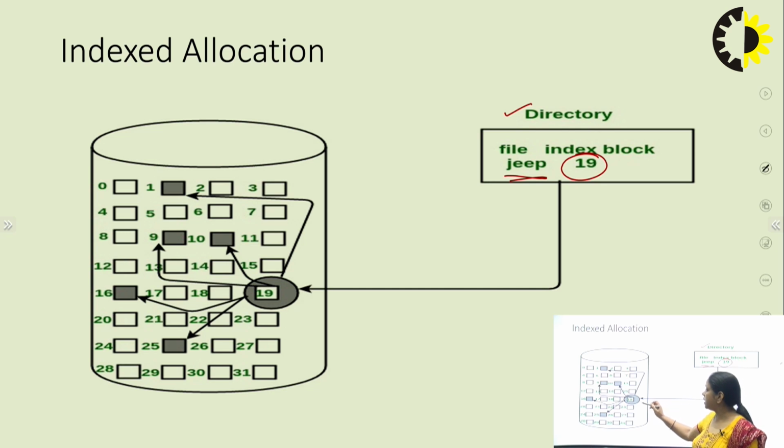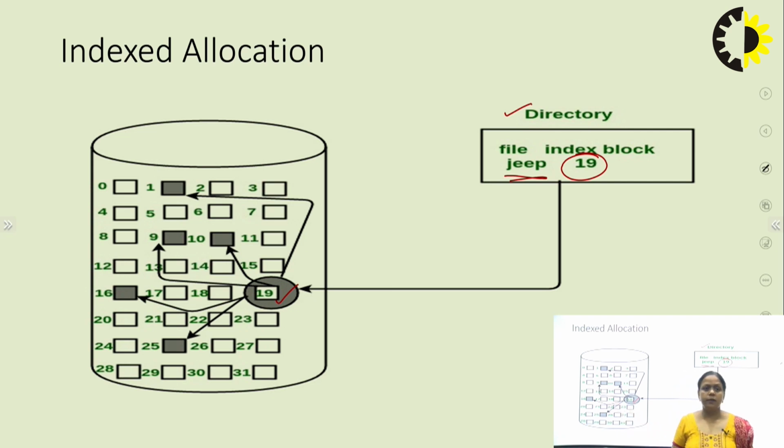This is the index block, and it will store all the different file blocks. You can see we have different pointers from 19 to 1, 19 to 10, 19 to 9, 19 to 16, and 19 to 25.